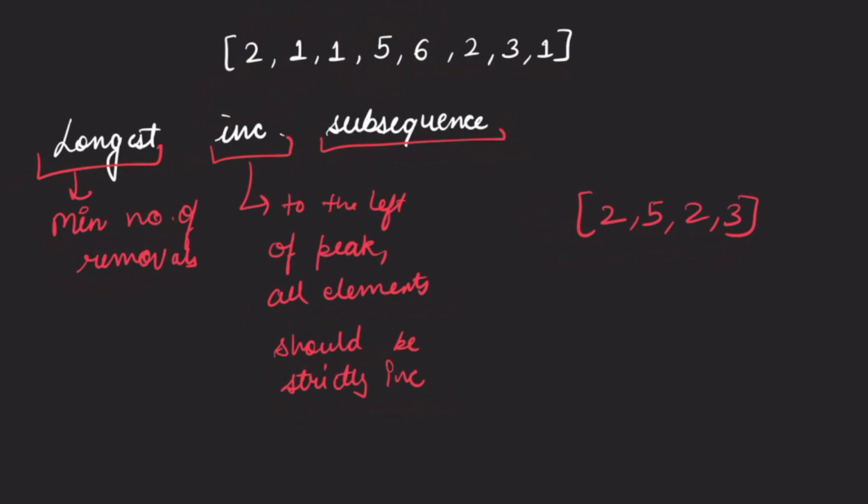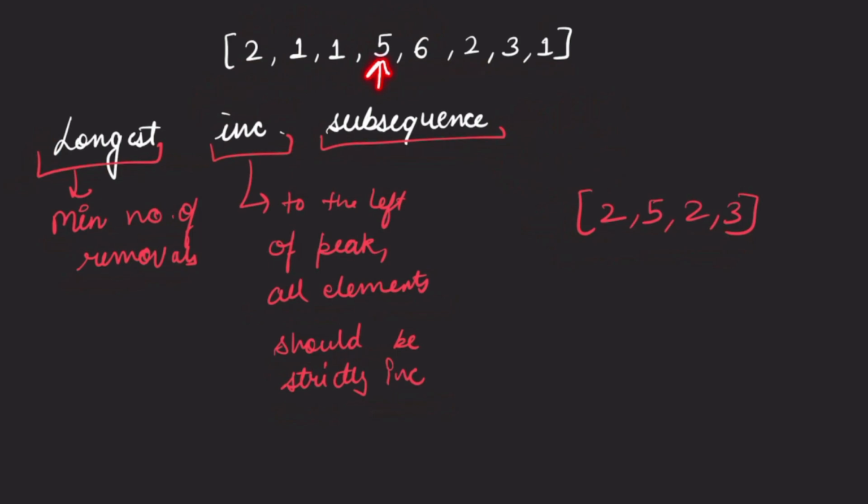So we will make each element a peak and find out the length of the LIS. We will refer to the longest increasing subsequence as LIS and the longest decreasing subsequence as LDS. For every element in our array other than the first and last element, we'll check what is the length of the LIS to its left and what is the length of the LDS to its right.